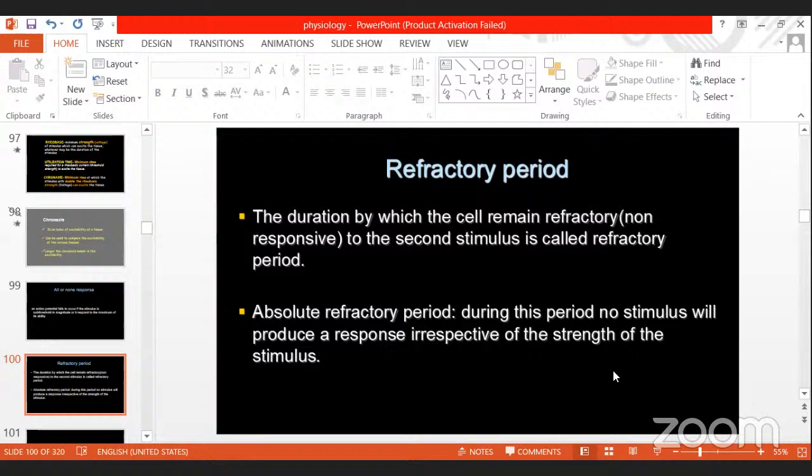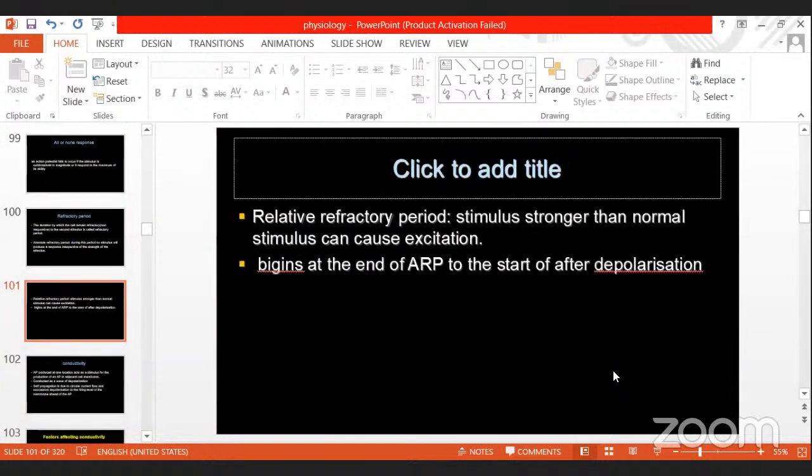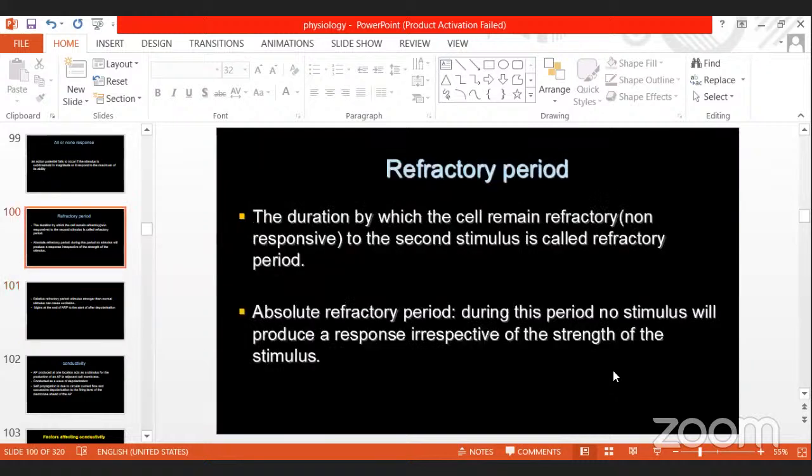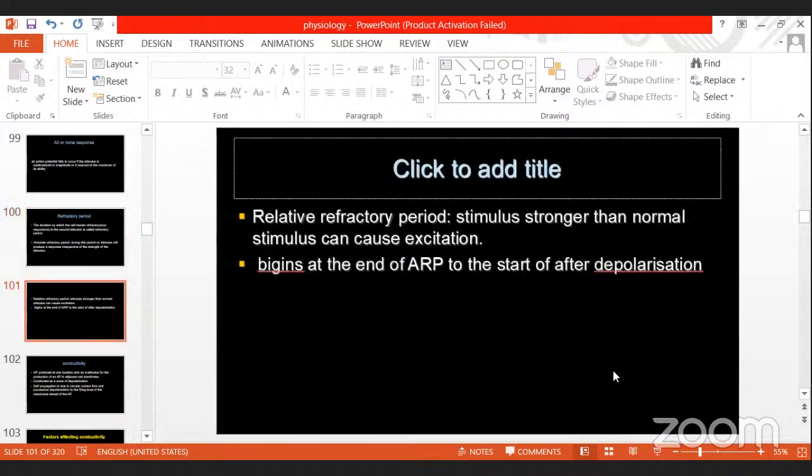During this period, no stimulus will produce a response, irrespective of the strength. And in the relative refractory period, a stimulus stronger than normal can cause excitation. So, the absolute refractory period falls in the depolarization phase and the relative refractory period falls in the repolarization.